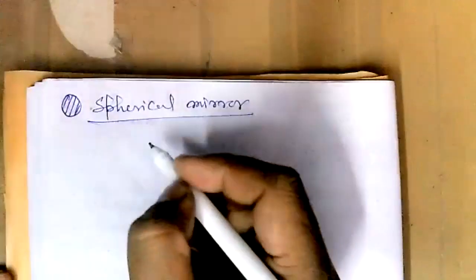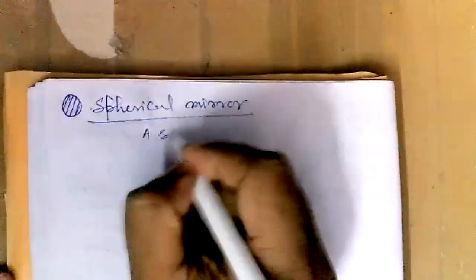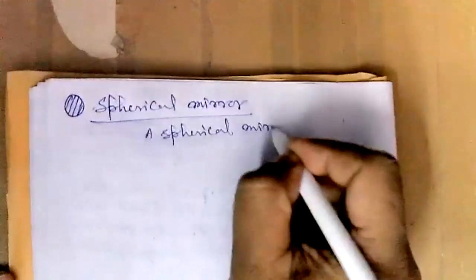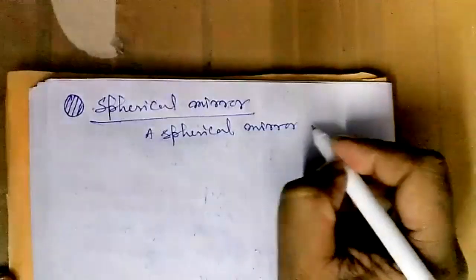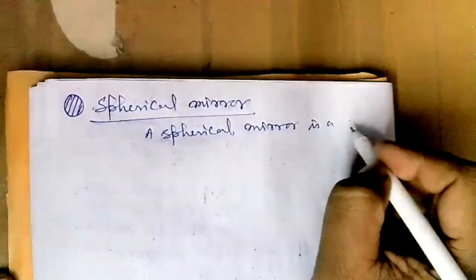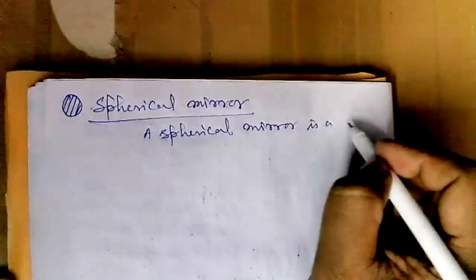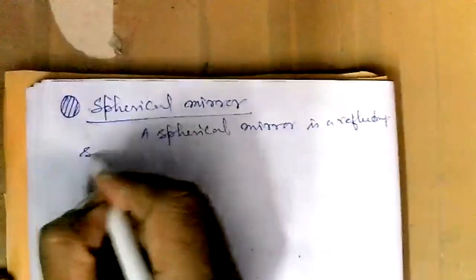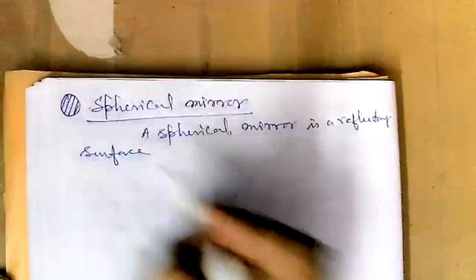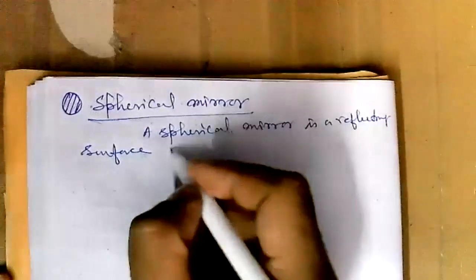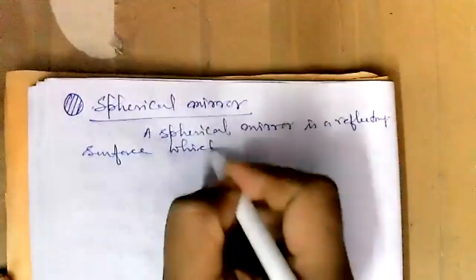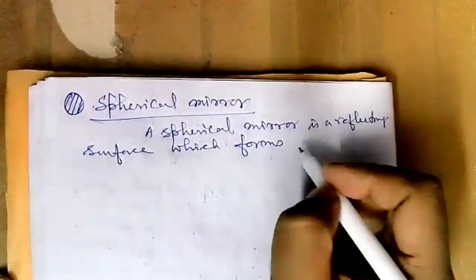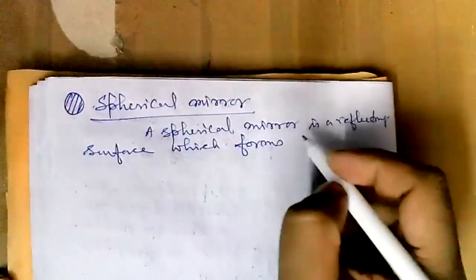So what is a spherical mirror? A spherical mirror is a reflecting surface which forms part of a hollow sphere.